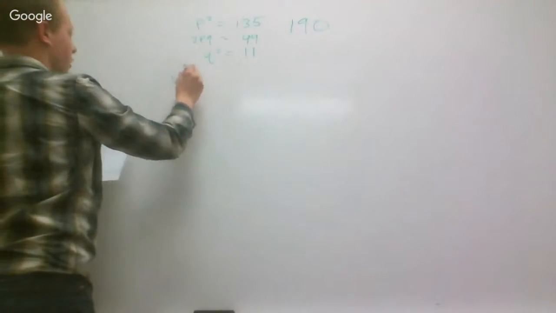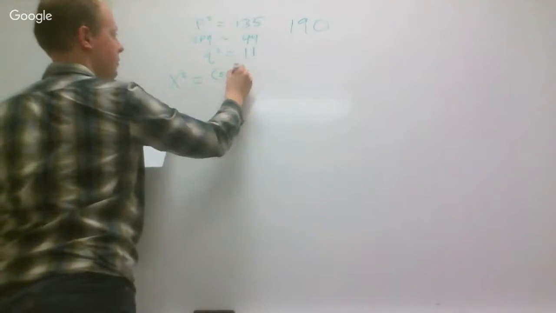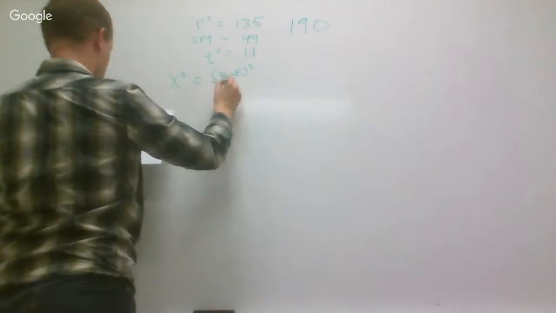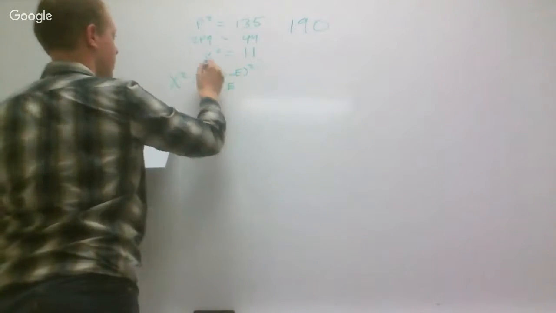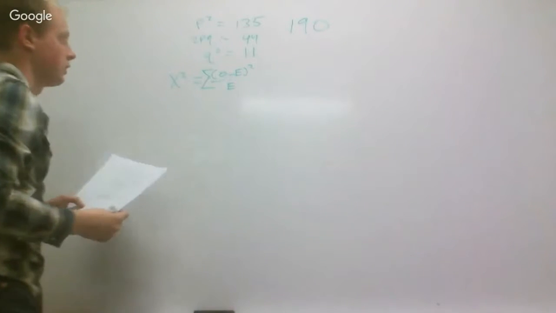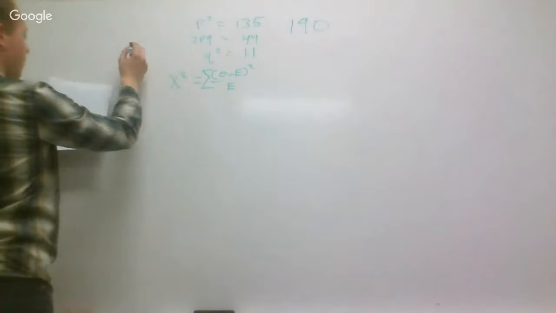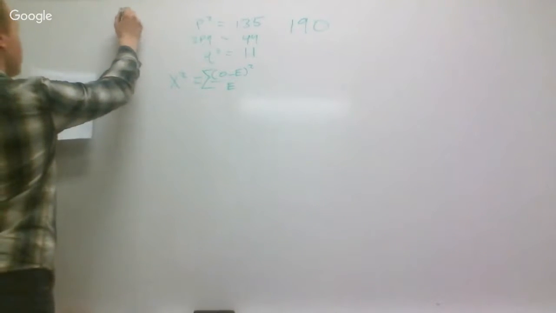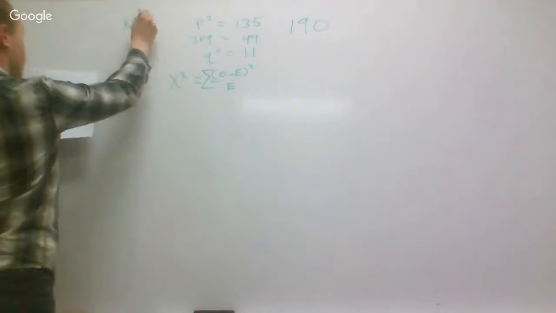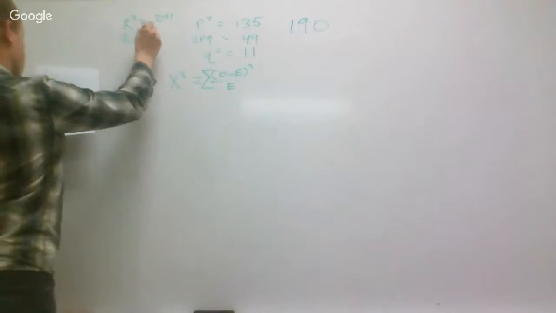So chi-squared equals the observed minus the expected squared over the expected, the sum of that. So we'll do that for each of the genotypes. So I'll write over here our expected proportions again. So we have those.